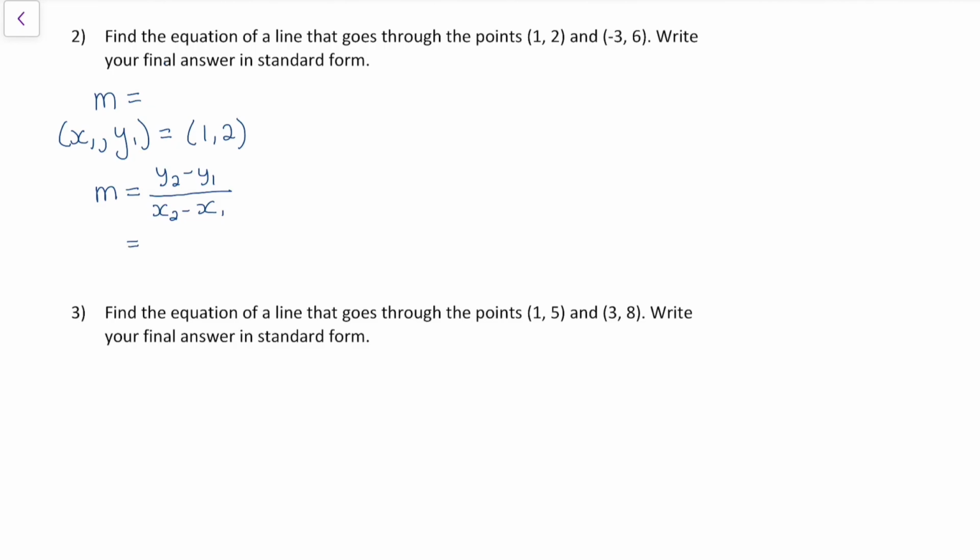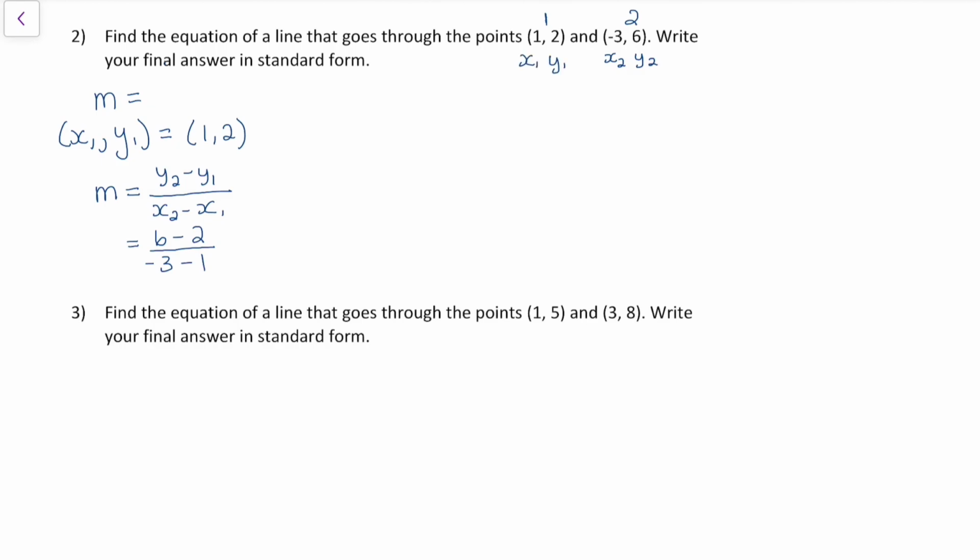So I'm going to do 6 minus 2 over negative 3 minus 1. Now be very consistent here. If I say this is my point 1 and this is my point 2, then that means my negative 3 is x2 and my 6 is y2. My 1 is x1 and my 2 is y1.